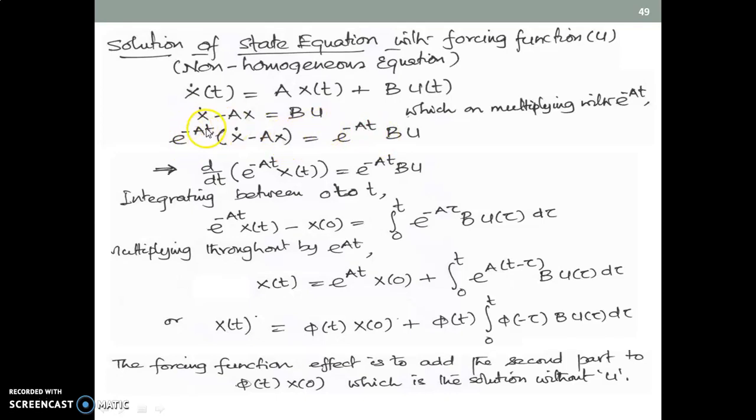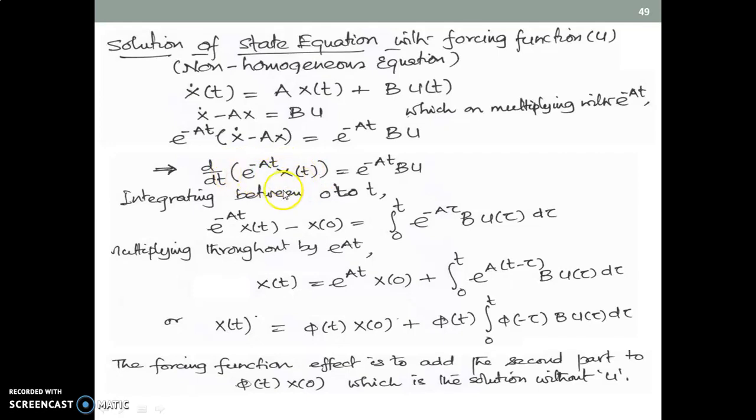Just see here, if you multiply e power minus At into x dot minus e power minus At into Ax, this one is equivalent to this only. Just see here, in reverse. Just observe that d by dt of e power minus At into x, or x of t.